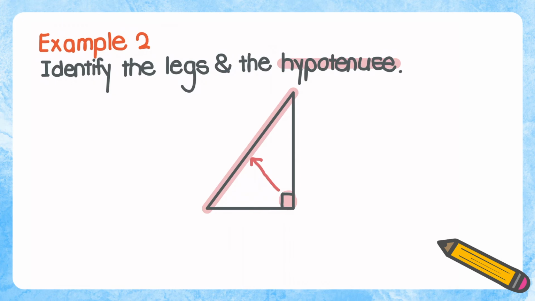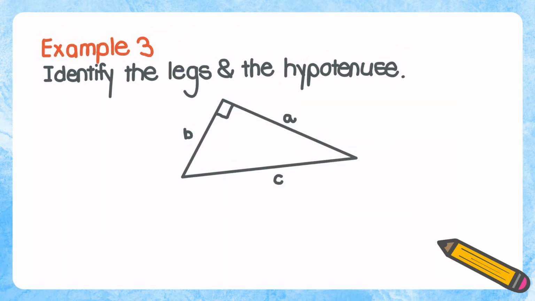This is called the hypotenuse. So regardless of which way the right triangle is facing, the hypotenuse is the opposite side of the right angle. And then the legs, those are the two remaining sides, or the sides that create the right angle. So these are the legs of the right triangle.